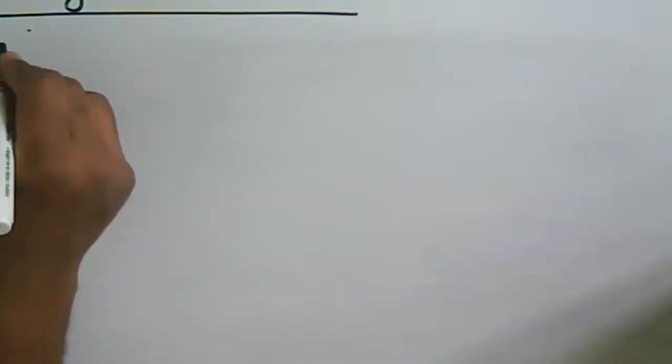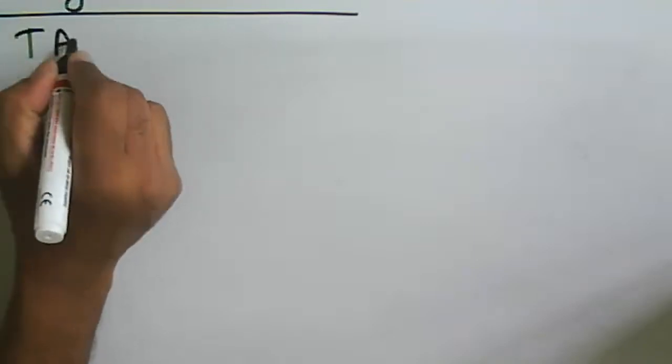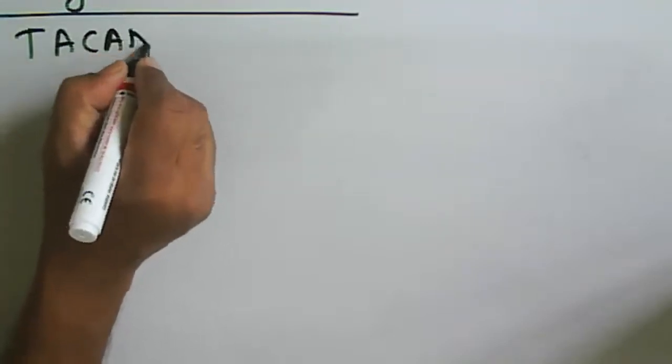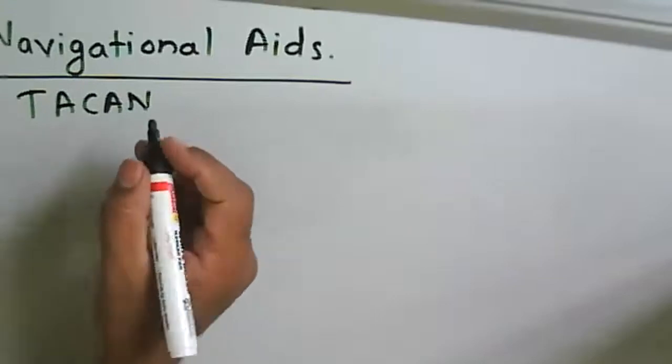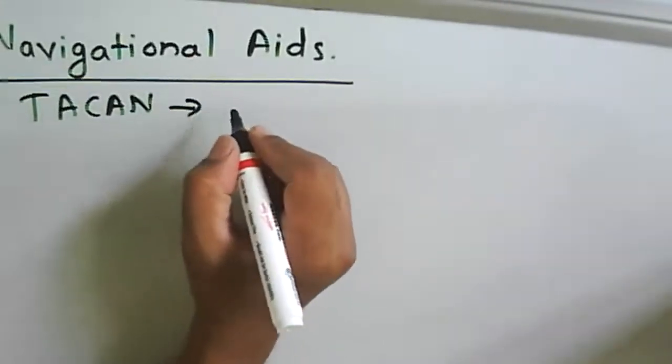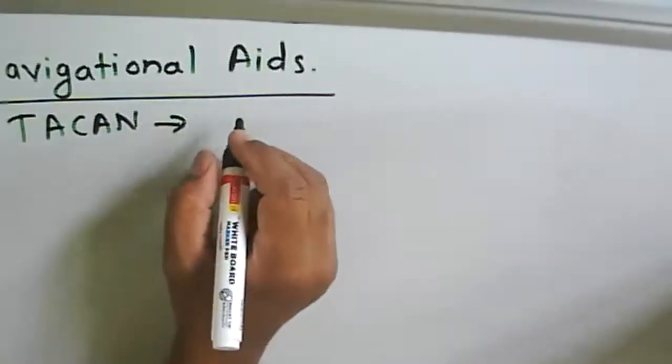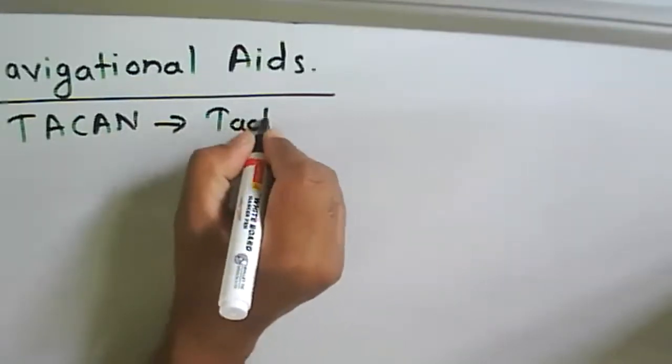So we can consider the next navigation system, TACAN. So what does TACAN mean? It is the tactical air navigation system.